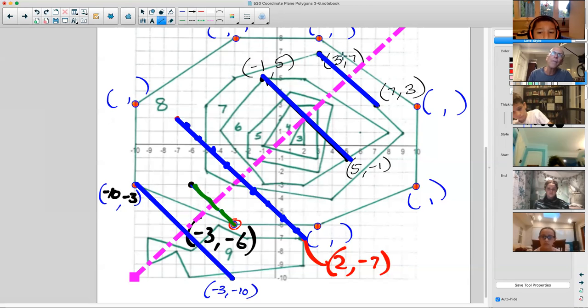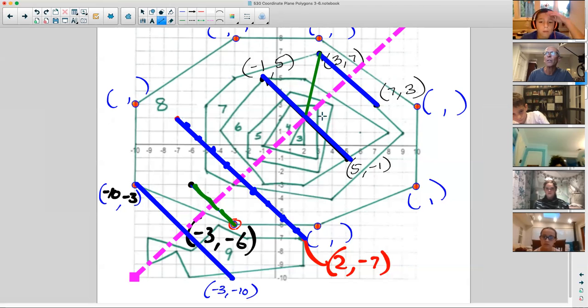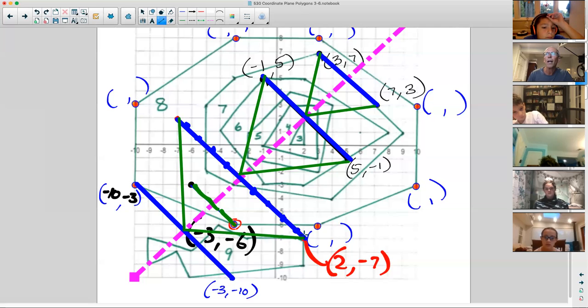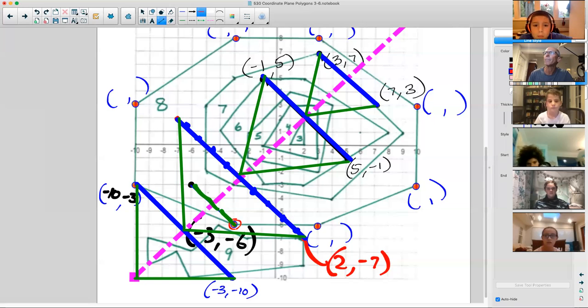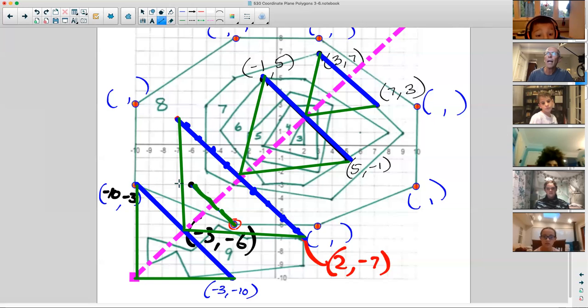Now, the other thing that I like to do is I like to create triangles. So if I go and create some triangles with this, isn't that a pretty picture? Now, what if you took the red and you did this?